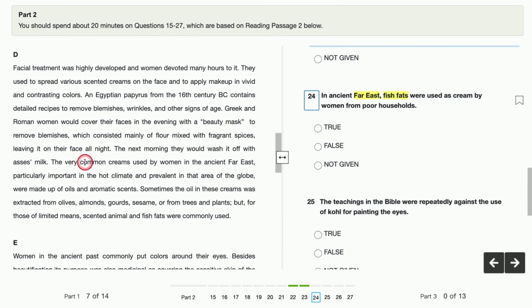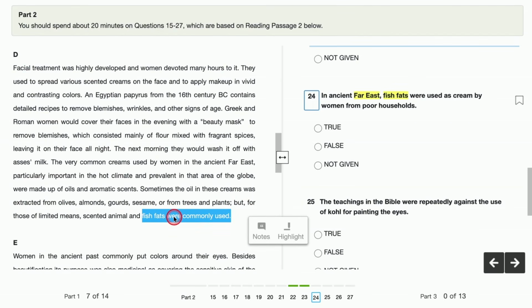So it says, the very common creams used by women in the ancient Far East were made up of oils. Creams were made up of oils. Sometimes the oil in these creams was extracted from these things, but for those of limited means, fish fats were commonly used. I think this is the answer.